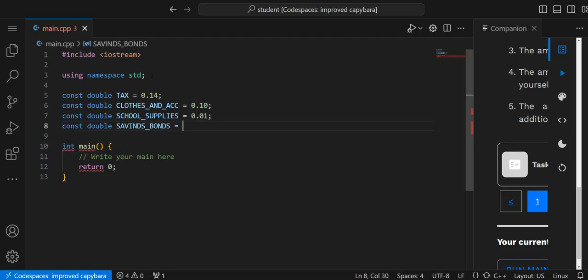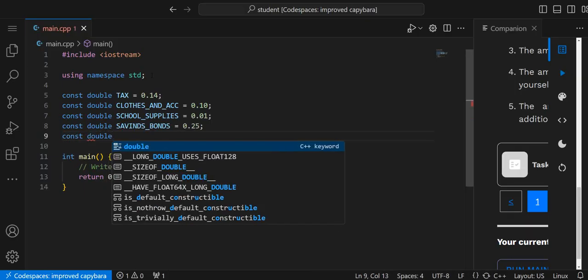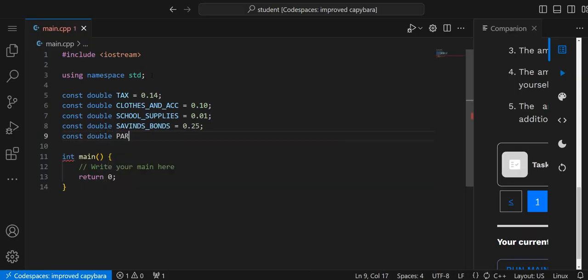And that's 0.25. And then we have parents' bonds. That's equal to 0.50. Let's see, 1, 2, 3, 4, 5. I think that's all we need, right?